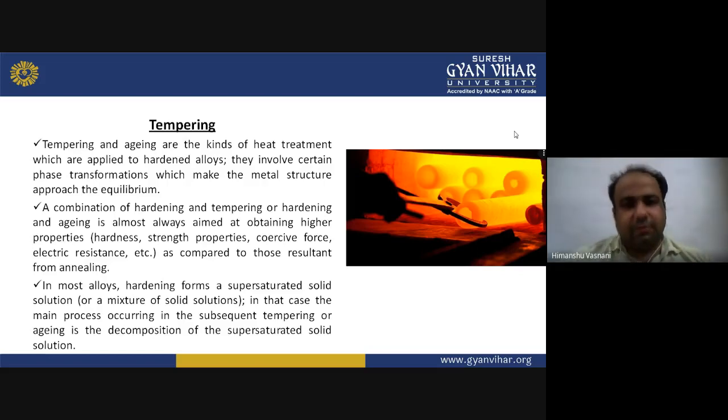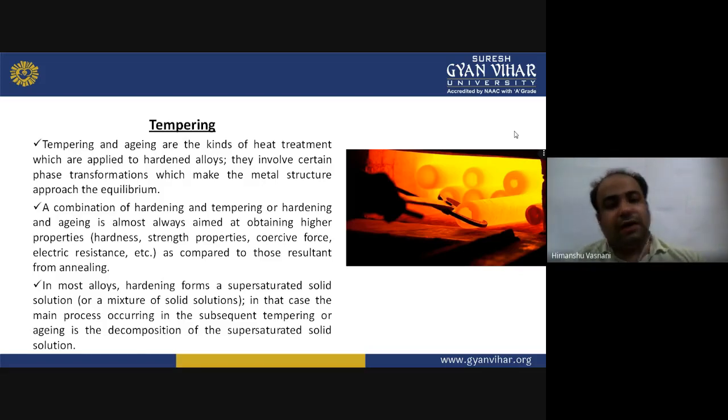Either you go with hardening and tempering or hardening and aging, and after this process the properties achieved are different from those after annealing.